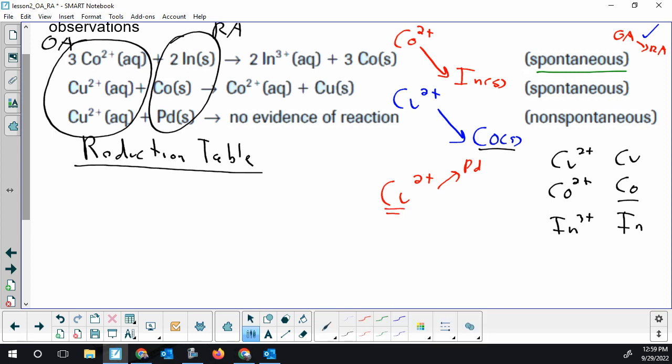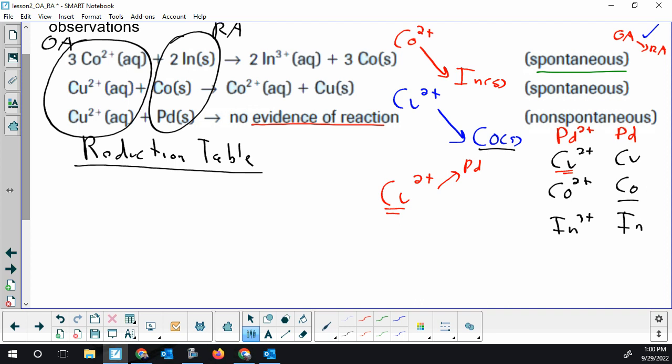There's copper 2+, which I've just put in, and palladium must be above it. But we don't have any evidence of reaction to know what the OA to go with palladium would be. So you've got to use your periodic table and find the most common charge of Pd. None of the ions would be spontaneous, but I'm going to put the most common, the 2+ ion.